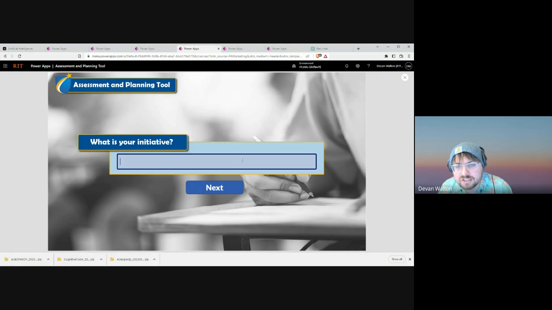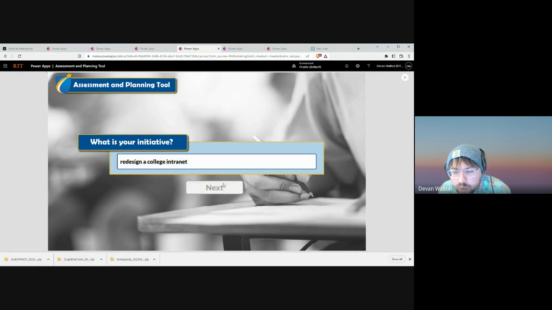So let's say we'll stick with the example of redesign a college internet. So redesign the internal network for our college. We can click next, and it will come up with a plan for doing this.